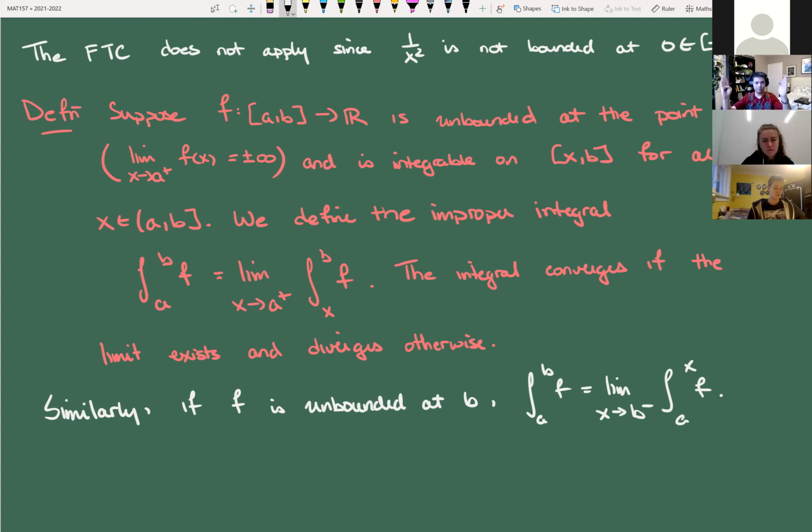If you're unbounded at both endpoints, like an arcsine sort of thing, looking like a big U with a vertical asymptote on either side, just pick some point in the center, compute the improper integral to the left, compute the improper integral to the right. If they both exist, you add them up, you're done. That's how you do it, the exact same way we would do it for unbounded intervals.